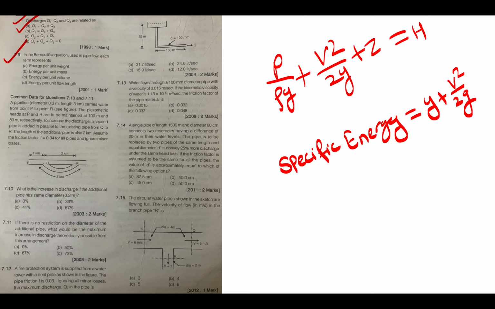You can find out from here also. Here the specific energy term is representing what? Is it energy per unit mass, volume or weight? And this representing what? Energy per unit mass, weight or volume, which one?